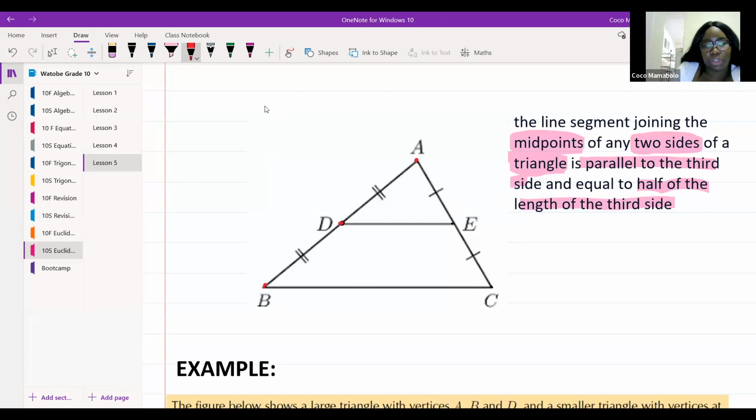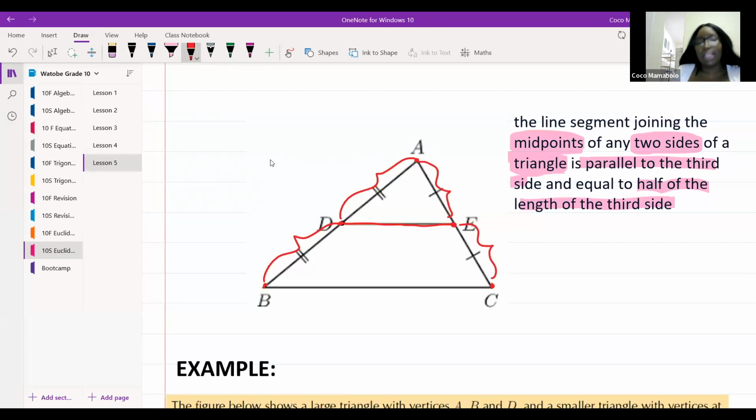It's the midpoint. That means that BD is going to be equal to AD. Then I draw my line across to the other side, and I make sure that when I get to the point E, I also cut the line AC in half, so that AE is equal to EC.